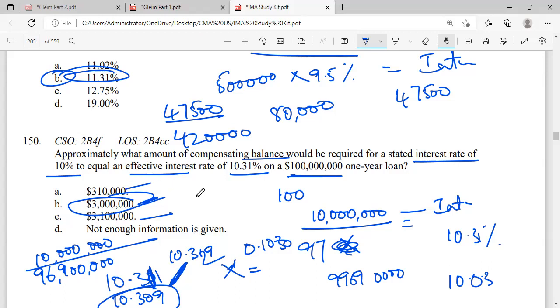If I take this 3 million, I'm getting 10.309, whereas with this, I'm getting 10.319. Which one is more near to 10.31? I'm going with this because this is becoming 3.2, and that's the reason I am choosing this. Everyone there with me?